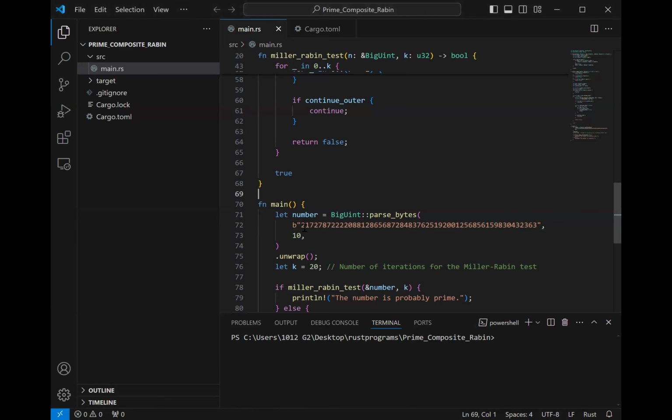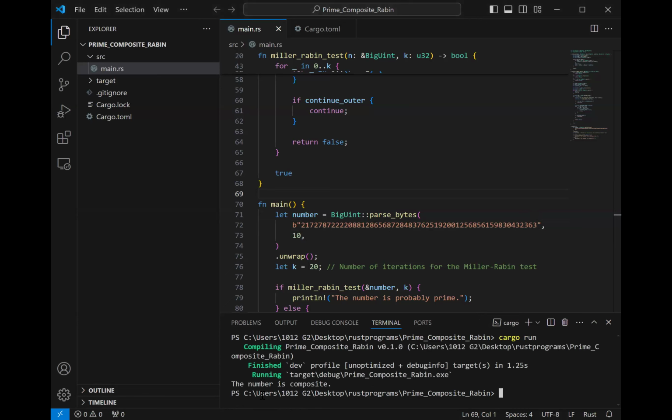So the Rabin algorithm is the one I'll be using to tell if a number is prime or not. And it's here. I've given it this number, a very huge number. Let's see whether this number is prime or not. Let's run, and it tells us this number is composite. You can see the result there.